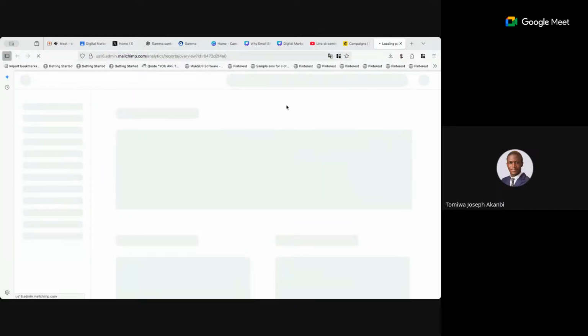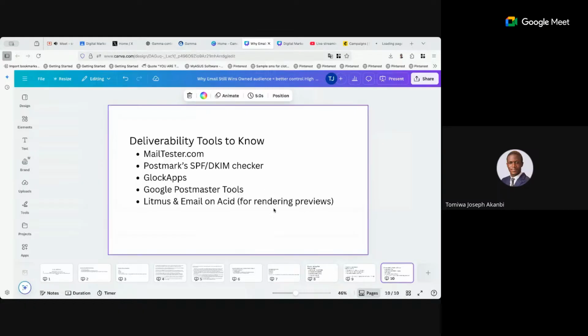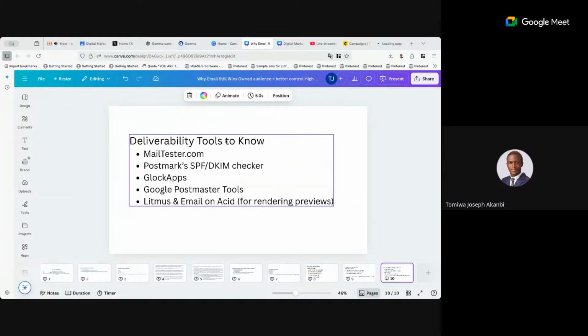That's fine. While that's loading, let's continue. Moving on. So, where are we? Yes. Boom. What are the email deliverables?